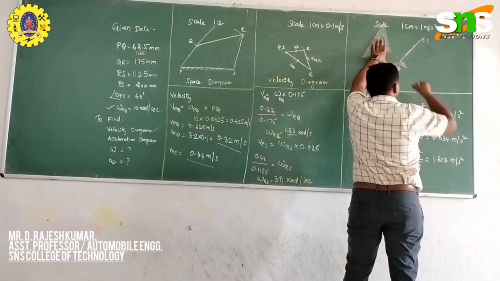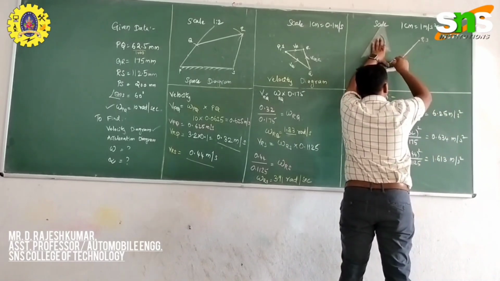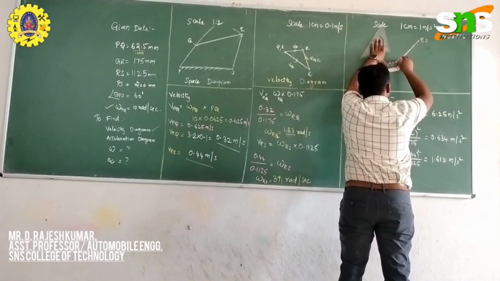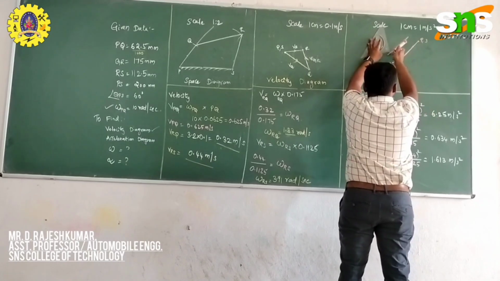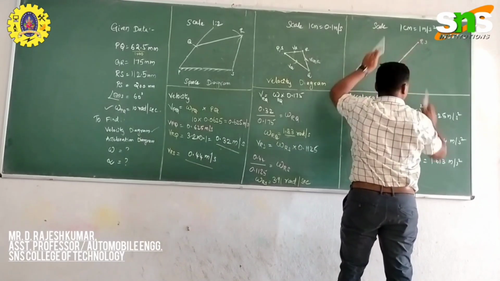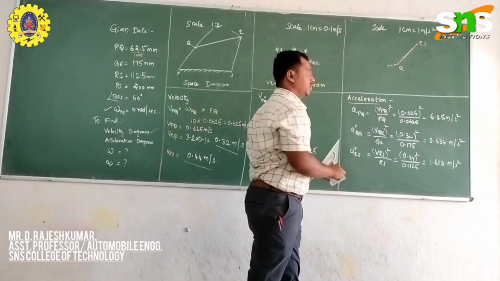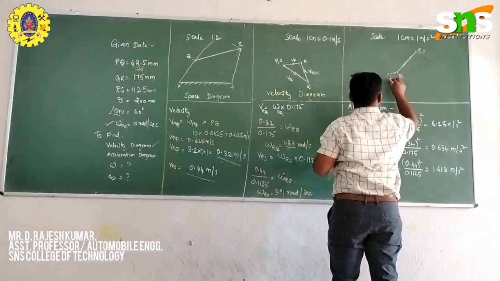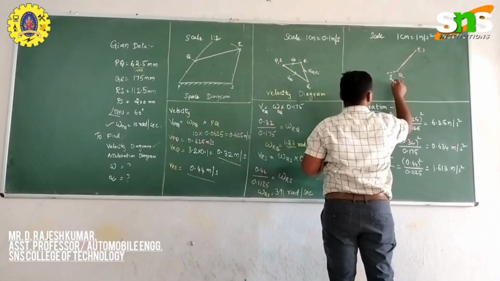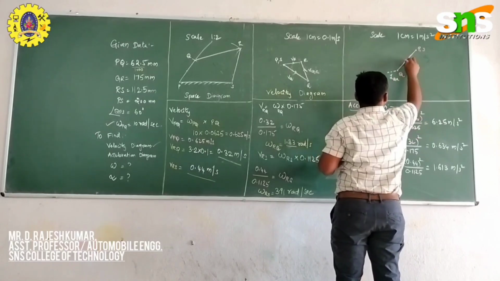This line is perpendicular to the length QR in the velocity diagram, and the length of the line is 0.6 centimeter according to my scale value. So this line is the radial acceleration component for QR.